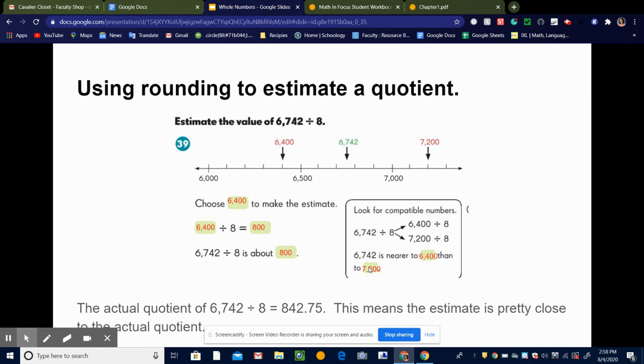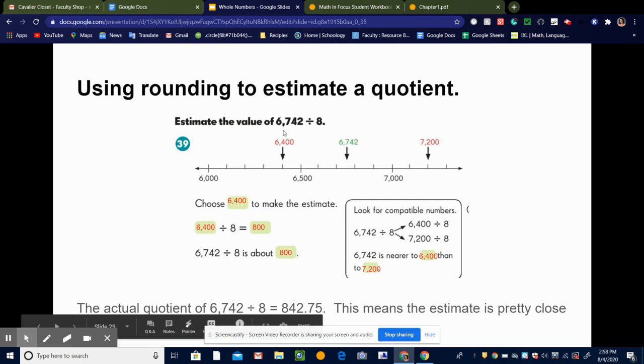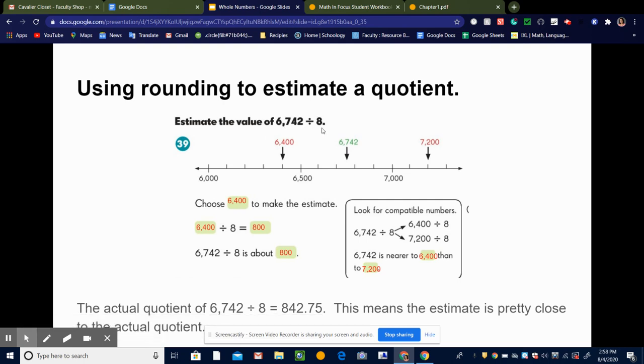The reason is because we're trying to round to a number that is evenly divisible by the number we're dividing by. So let's look at an example. Here they're asking us to estimate the value of 6,742 divided by 8.